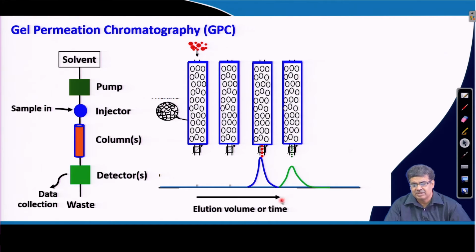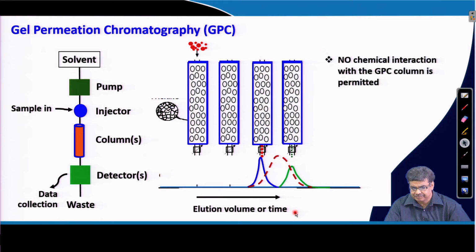So, in the case of a polymer we will actually get a single peak with a broader distribution, and the volume of solvent it takes to bring these polymer molecules out of the column is called the elution volume, or elution time.